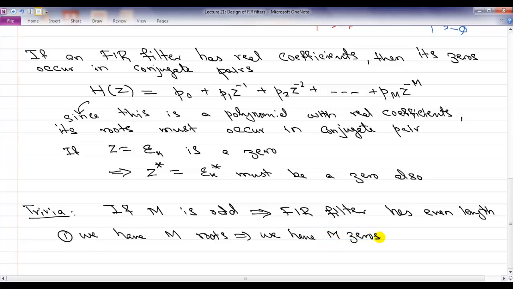And now we are saying M is odd, and we are saying the FIR filter has real coefficients. So from that, what can we deduce? If M is odd, then we must have at least one real valued root, because by the pairing argument, we are only going to get an even number of roots which are complex valued.